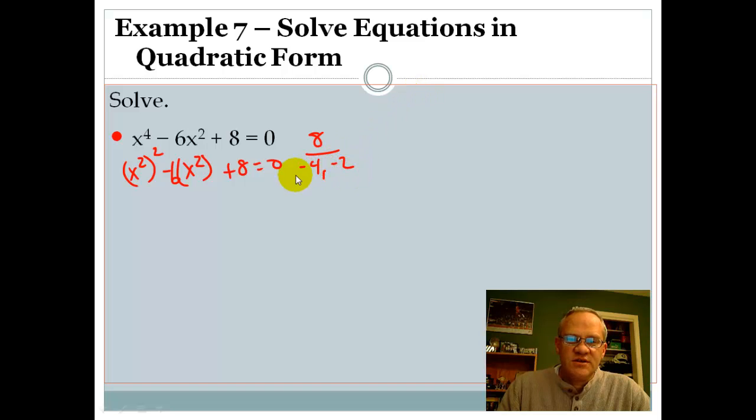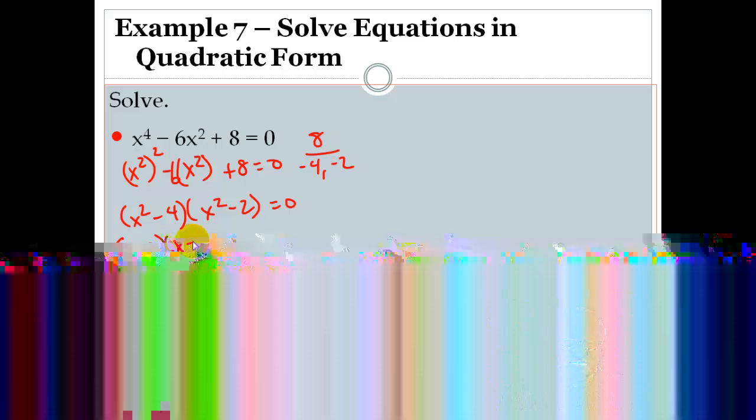So negative 4 times negative 2 is 8, but adds up to be negative 6. So again, without using the u here, I'm just going to go straight to x squared minus 4 and x squared minus 2. Okay, do you see how I did that? Because remember, 1x squared goes here, 1x squared goes there, just like it used to be with the x's. This one we can still factor down to be x plus 2 and x minus 2.